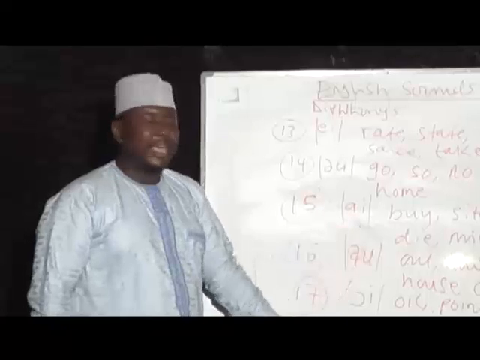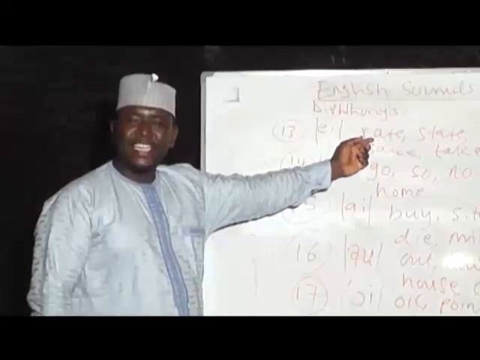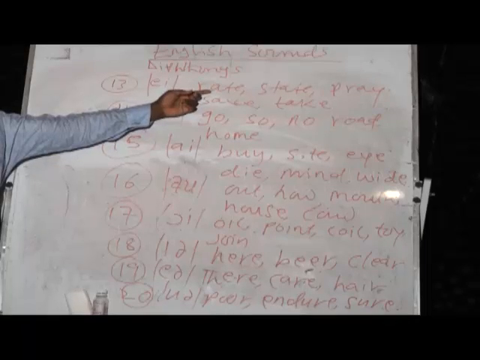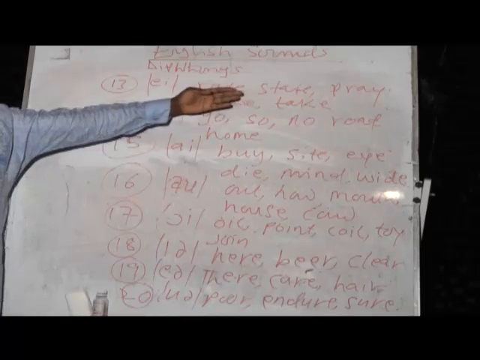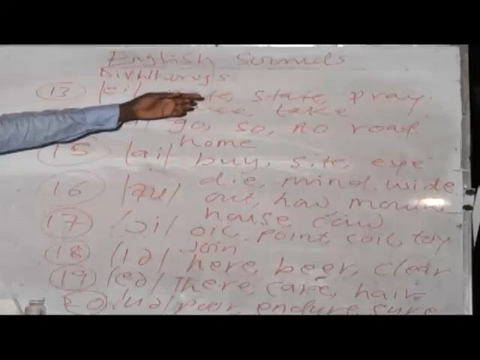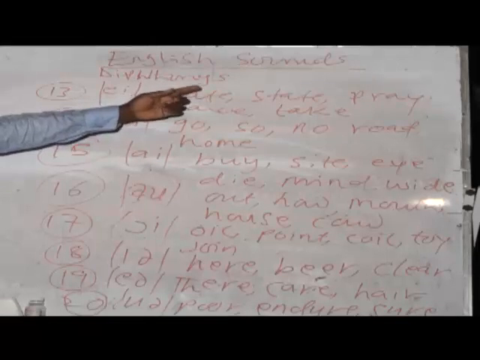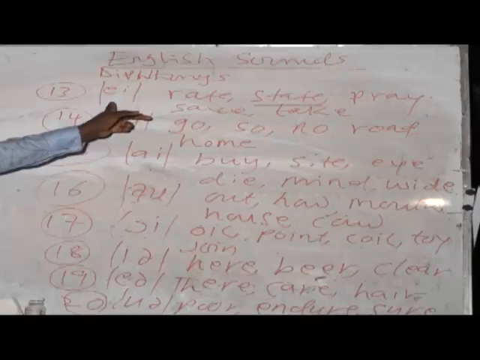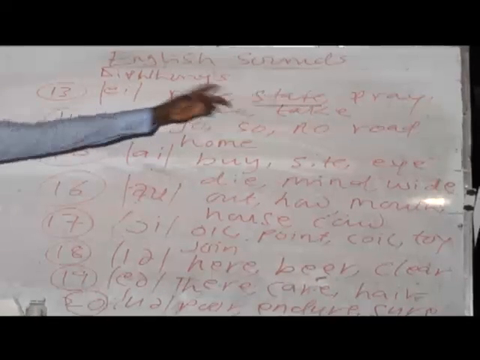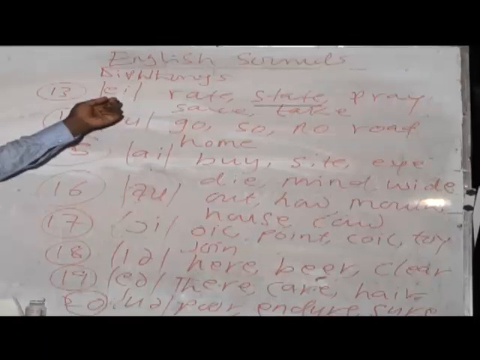You find it in words like rate, the rate of something, for instance. Then we have it in words like state, not state, but state, because it is taking this diphthong. If you are to transcribe it, this state will take this diphthong number 13.